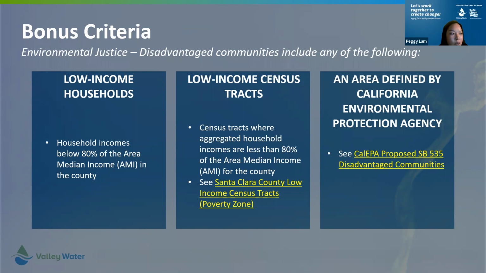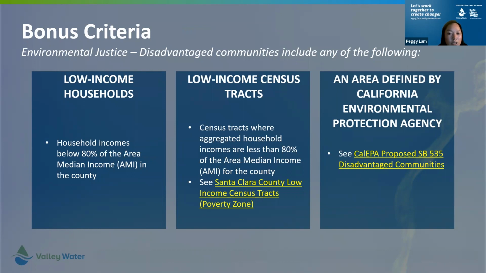So this is where the aggregated household incomes are less than 80% of the area median income for the county. There's some links here in the slides, and it'll be in the FAQ as well. And it's in the standard grant guidelines.